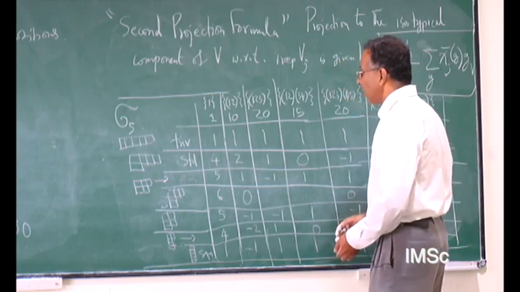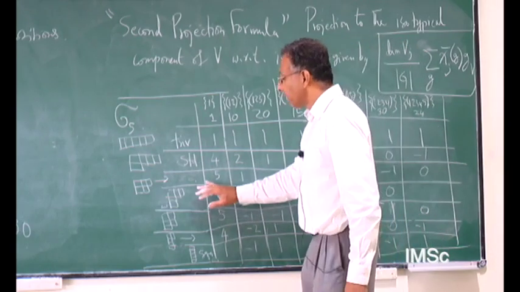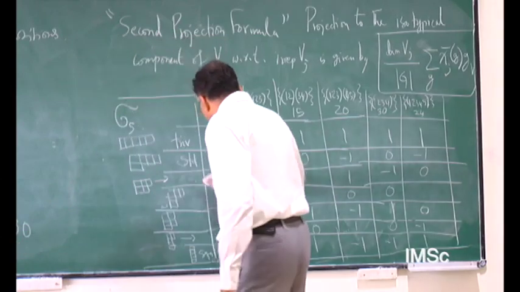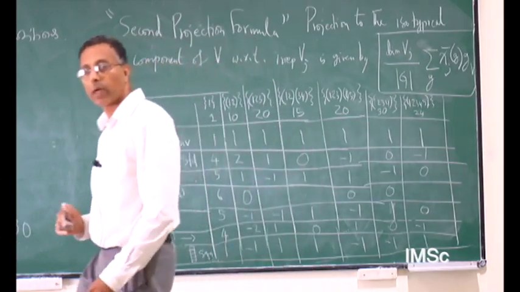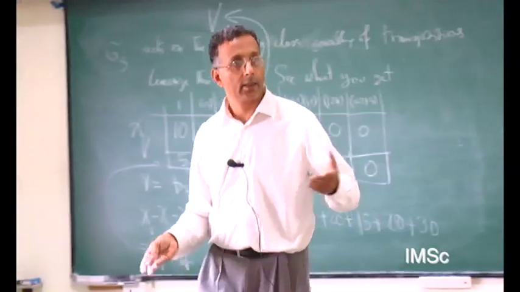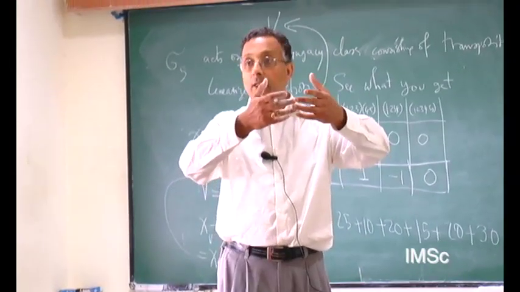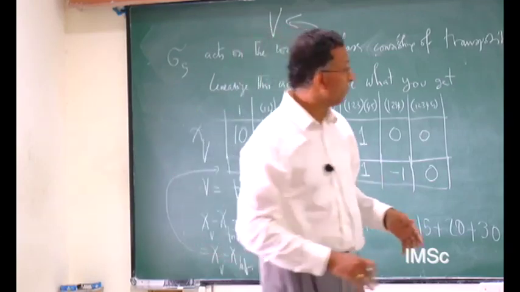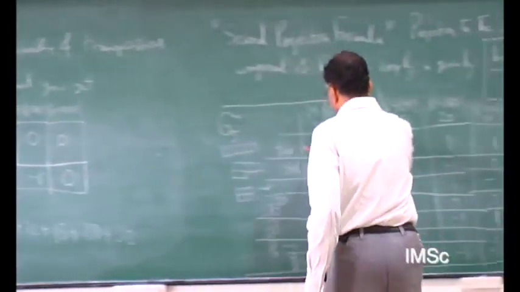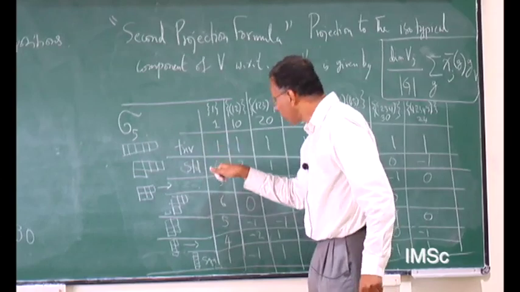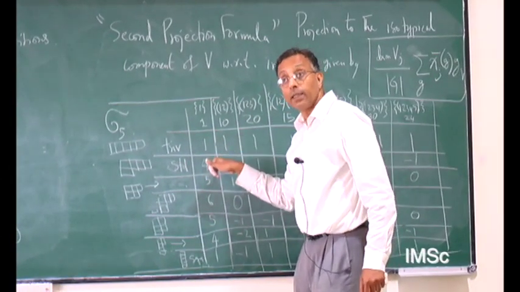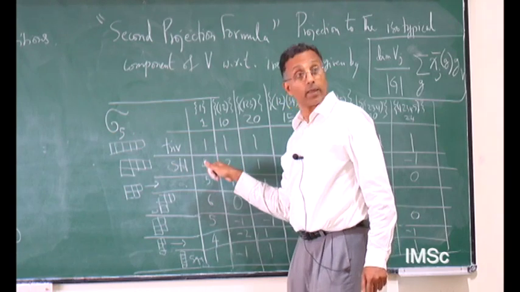That is, suppose I know all but one representation. How do I get it? Well, I just subtract it from the left regular representation. If I subtract 1 times this character, 4 times this character, because this representation occurs 4 times.